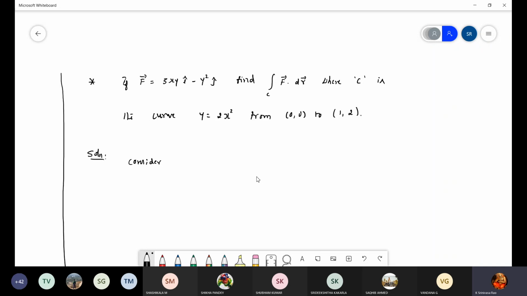Here I am solving directly by considering f dot dr. Consider f dot dr, that is equal to f is 3xy i cap minus y square j cap. There is no k cap, you can leave it. dr is nothing but dx i cap plus dy j cap plus dz k cap. Calculate the dot product.